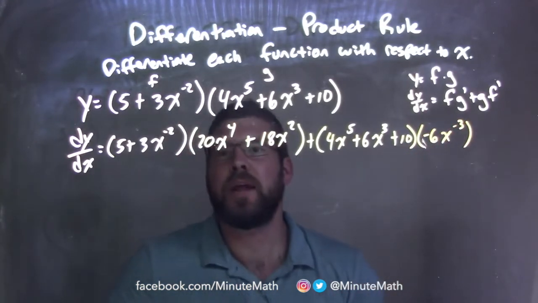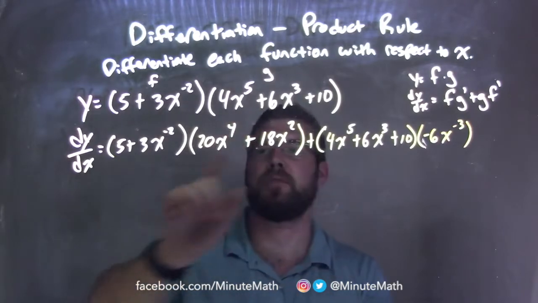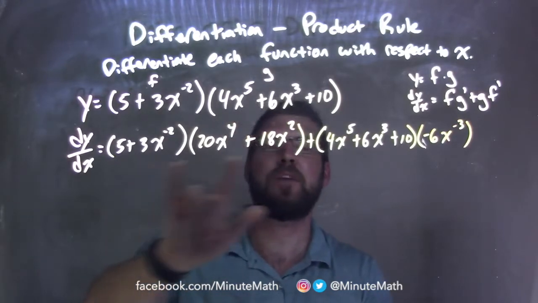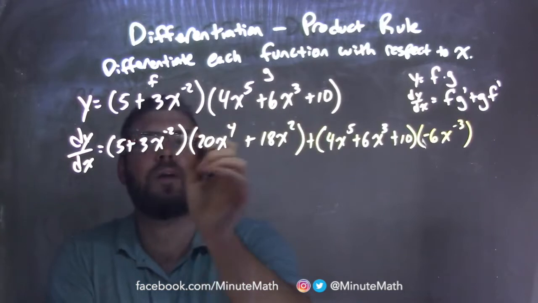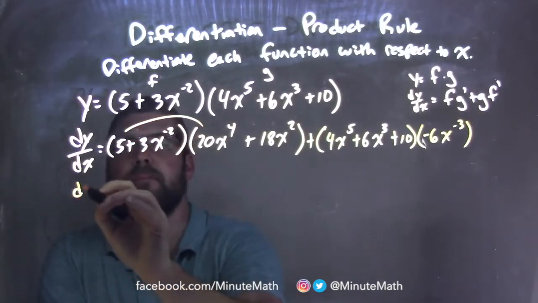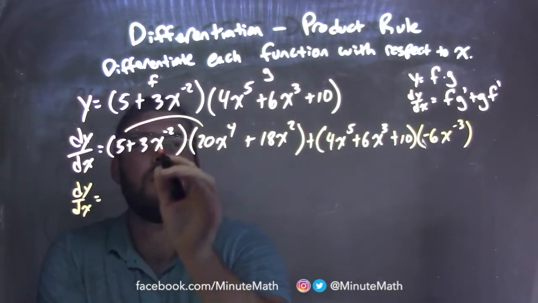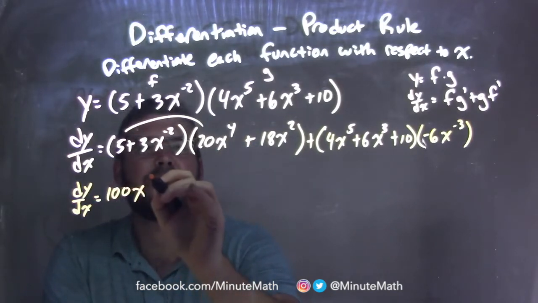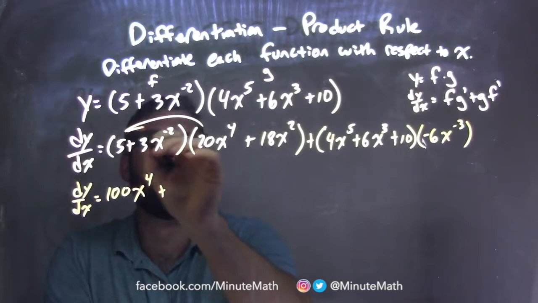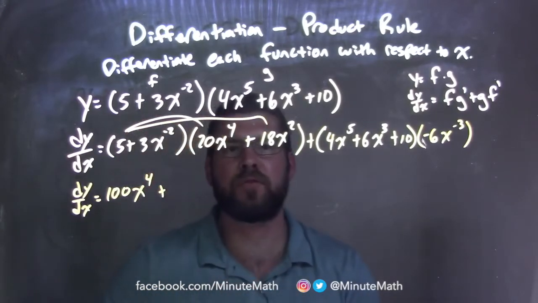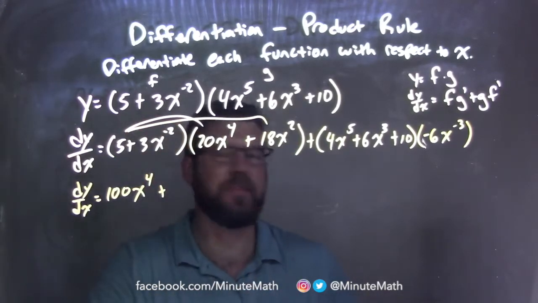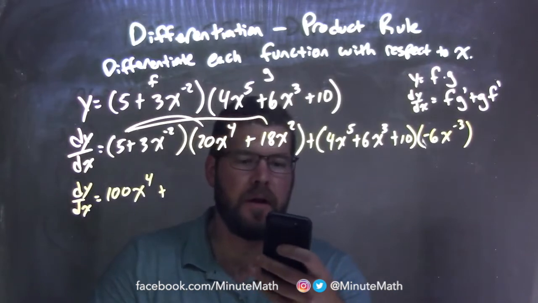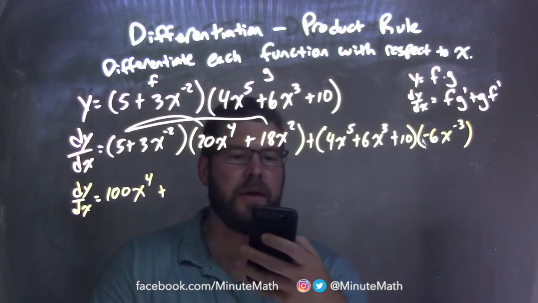Okay, so now from here, we need to distribute each part. So we'll multiply the 5 times the 20. 5 times 20x to the 4th power is 100x to the 4th, plus 5 times 18x squared. 5 times 18 is 90, yes.